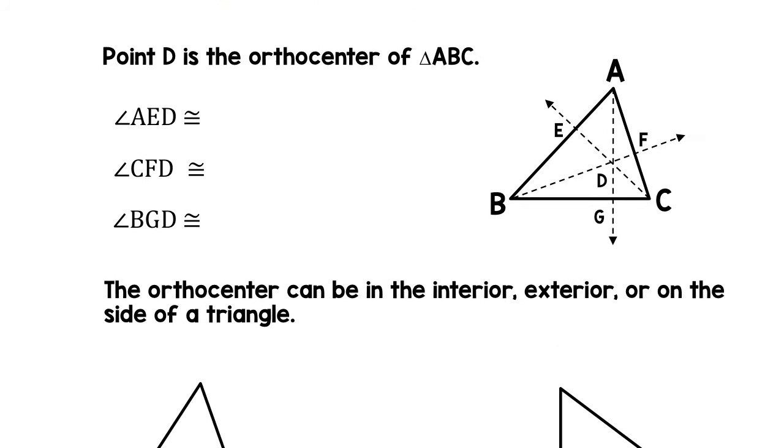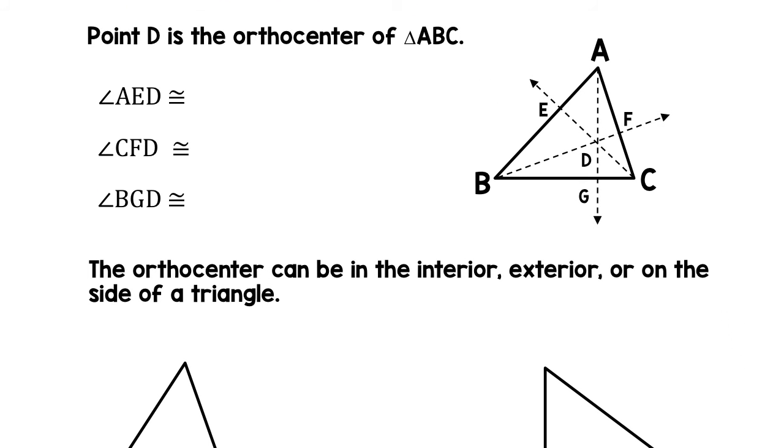Let's look at some more things we might know about this. Point D is the orthocenter of triangle ABC, which is right here. It tells us that angle AED, let's trace that, AED is going to be congruent to BED. And we know that because this is a right angle.